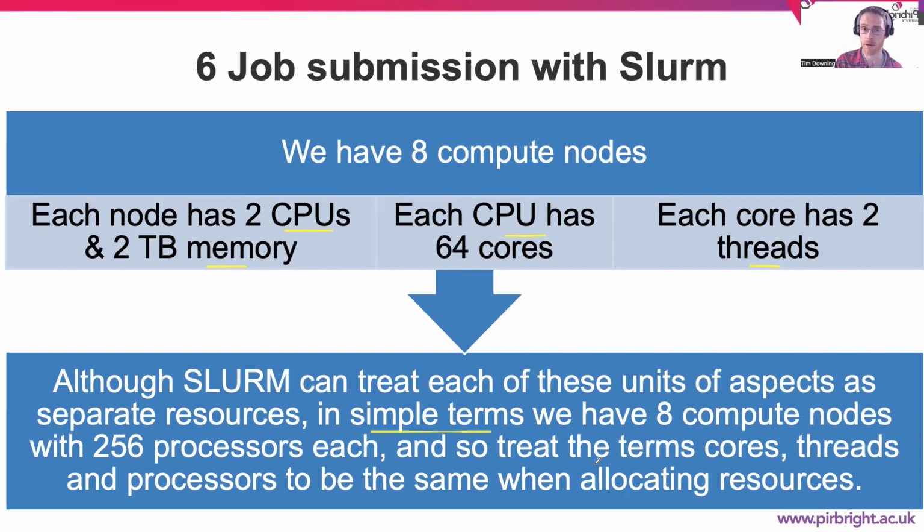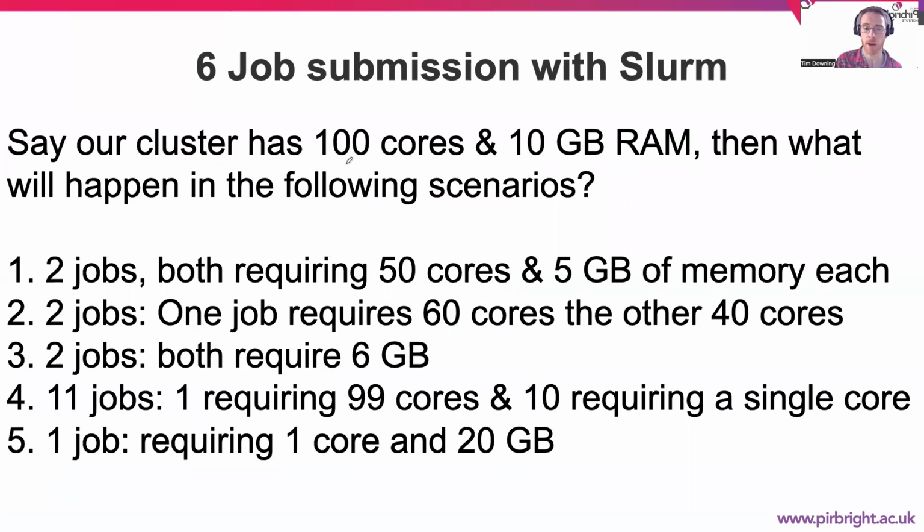And therefore, you can think about yourself, if you have a server with 100 cores and 10 gigabytes of RAM, what would happen in the following scenarios? There are 2 jobs, each requiring 50 cores and 5 gigs of memory. What would happen? Here, because that matches the resources that are available, you don't need to queue either of them.